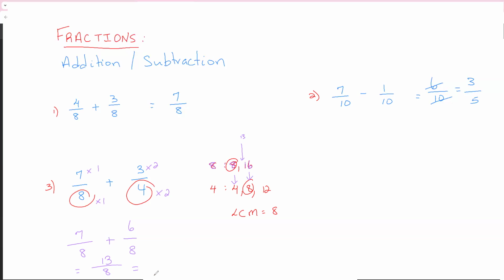So that means 8 could go into 13 once. And then from 8, you're going to count on to see how much to make 13. After 8, 9, 10, 11, 12, 13. So I got 1 and 5/8.